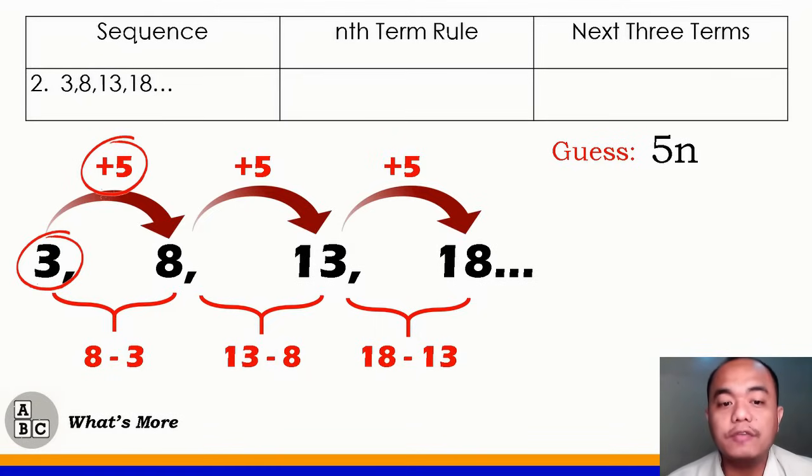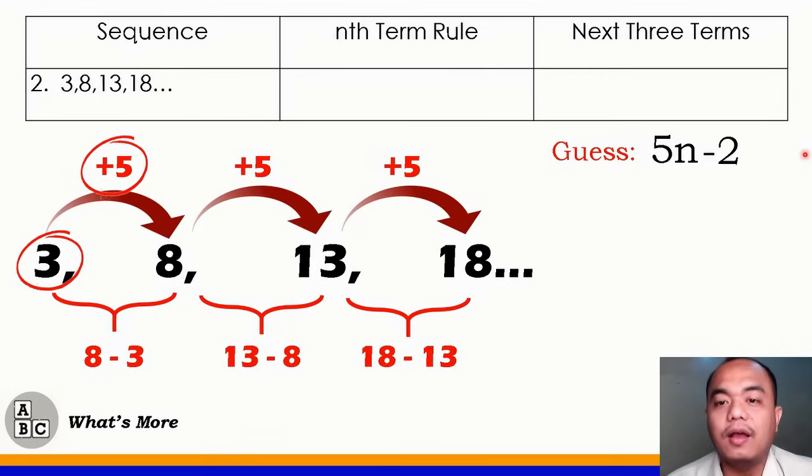Since our common difference here is 5, which is greater than the first term, then we subtract 2 from 5 to make it equal to our first term, which is 3. So 5 minus 2 equals 3. So in our n term here, we will also have to subtract 2 from 5n.